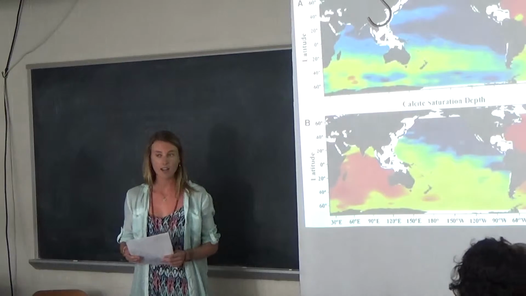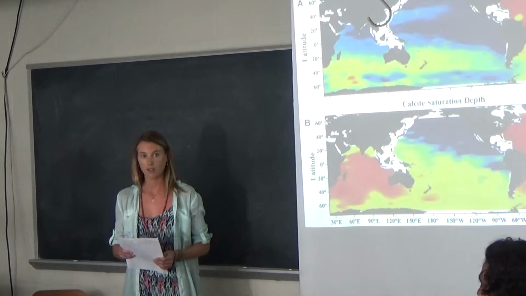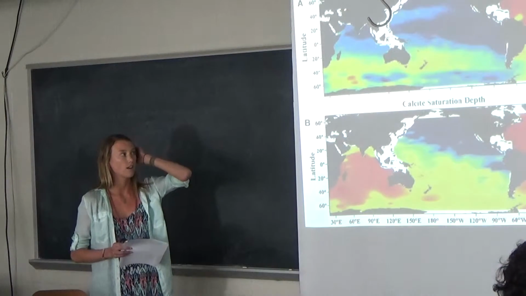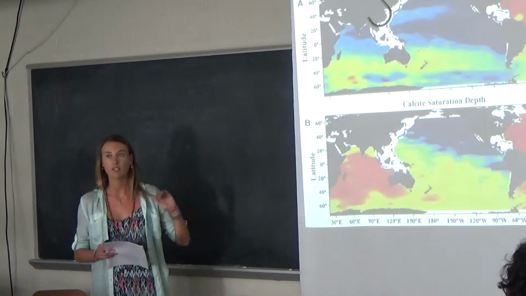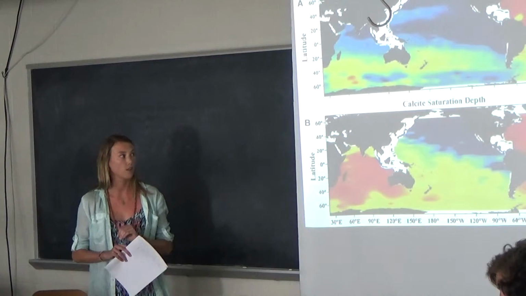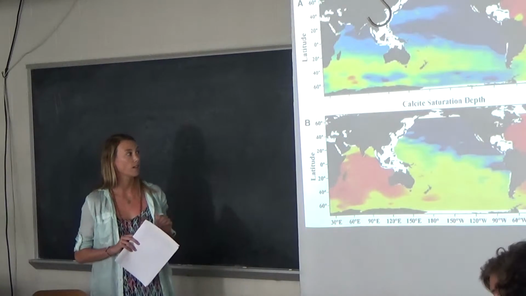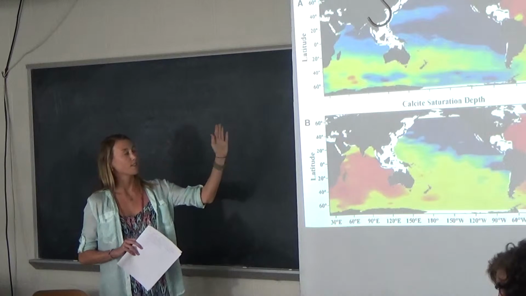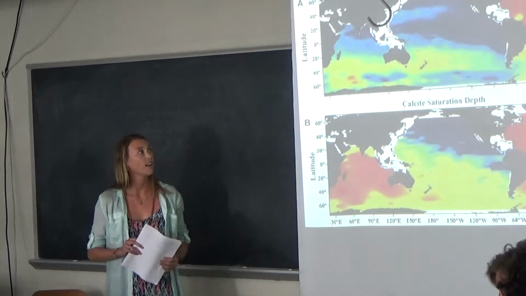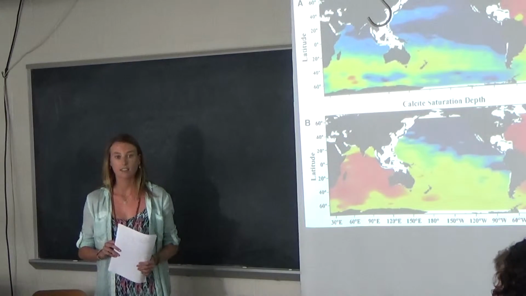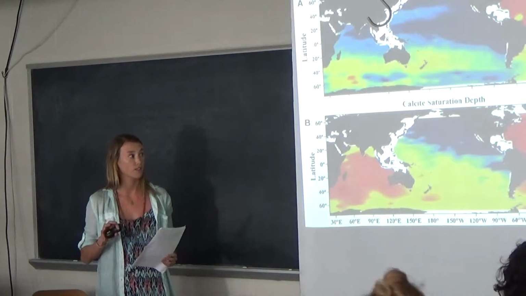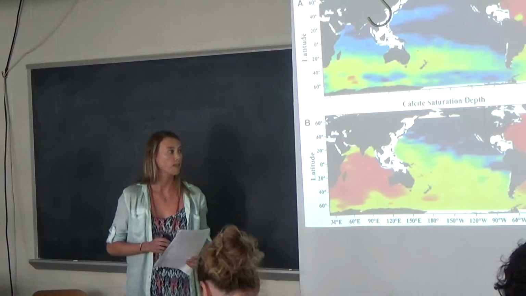So aragonite is more soluble in seawater than calcite, and this figure just shows globally how the saturation horizons of these two different forms of calcium carbonate differ throughout the oceans. So we've got the north-south latitude and the east-west longitude, and the colors represent the depth of the saturation horizon in meters.